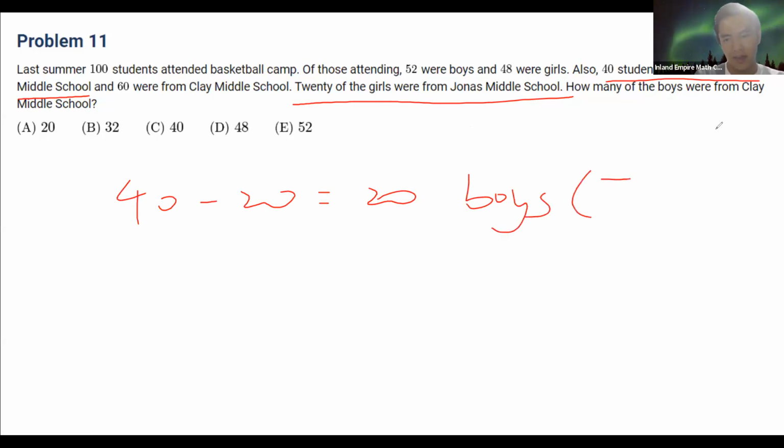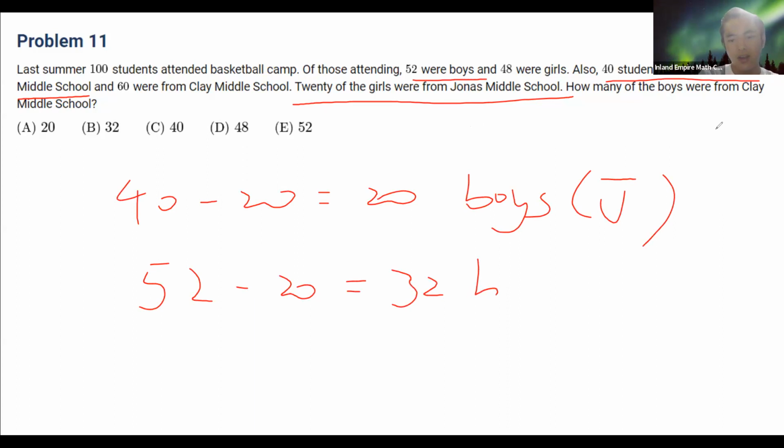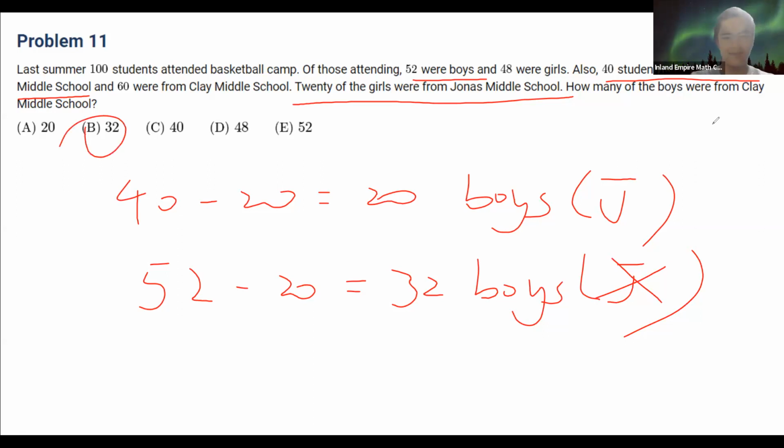I'm going to write a J here. But you can also see that there's a total of 52 boys. So that means there are exactly 52 minus 20 equals 32 boys who are not in Jonas Middle School. If they're not in Jonas Middle School, they're in Clay Middle School. So the answer is 32.